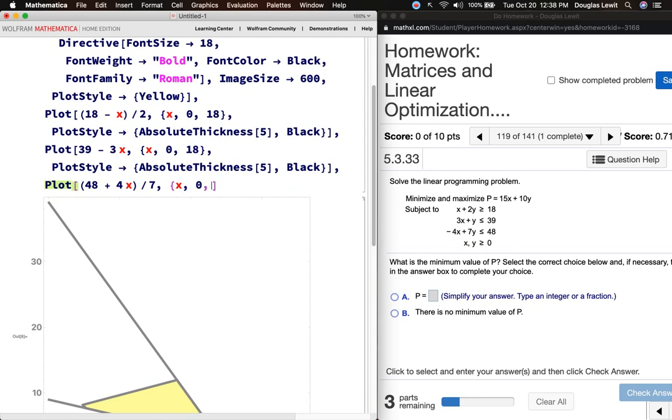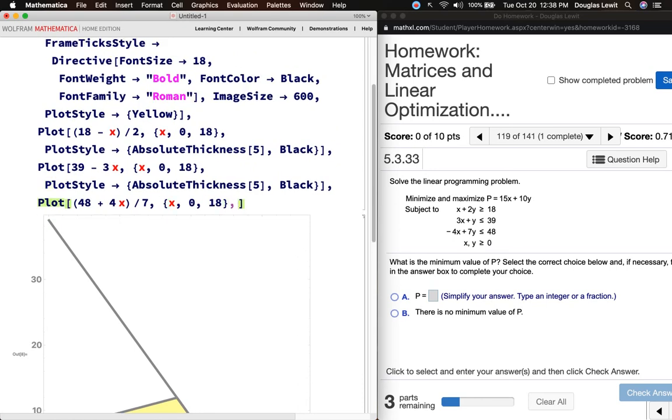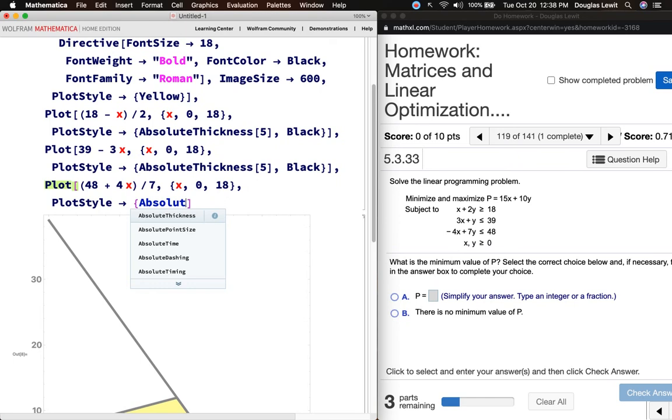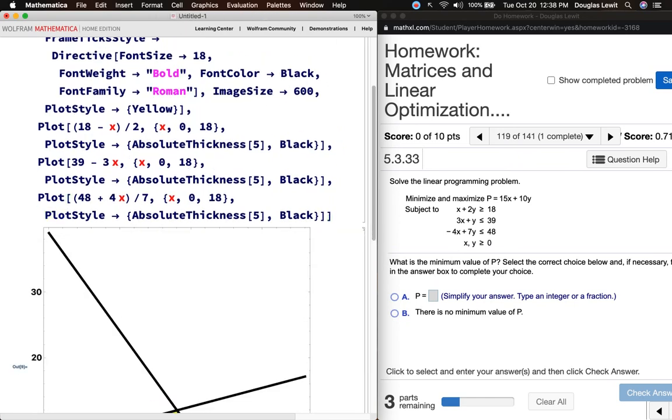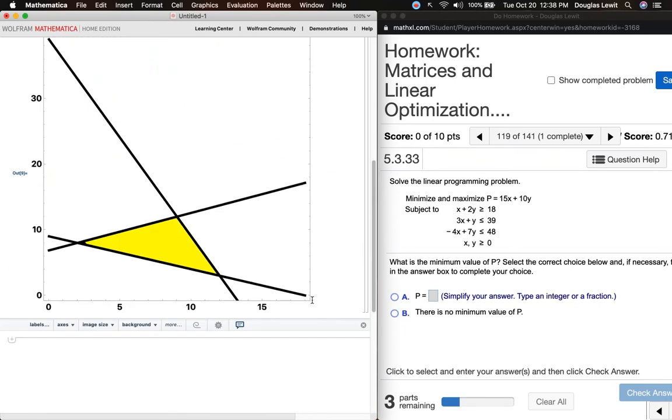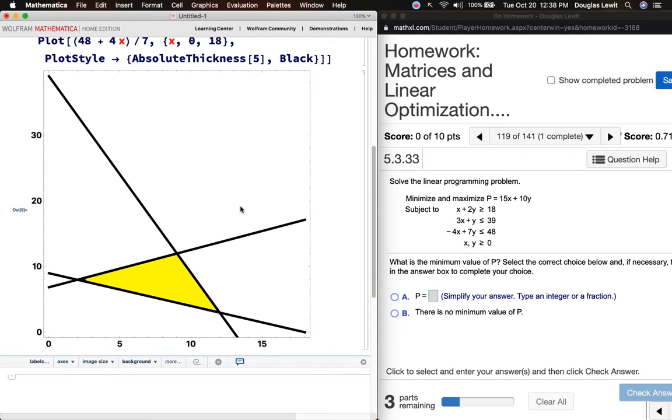Again, x will go from 0 to 18. Plot style, absolute thickness, and black. Okay. Excuse me. So that looks pretty good.